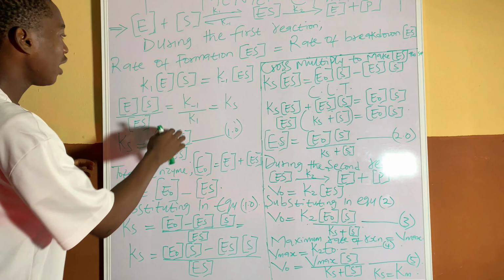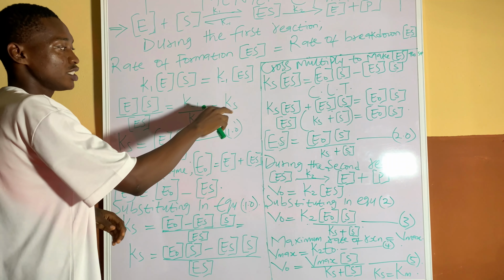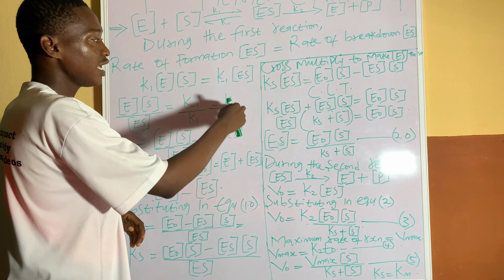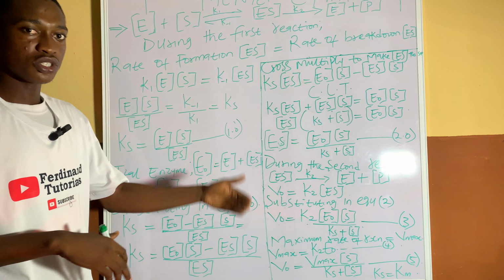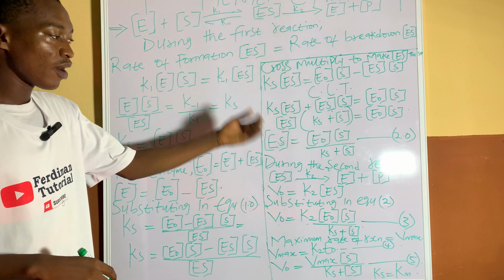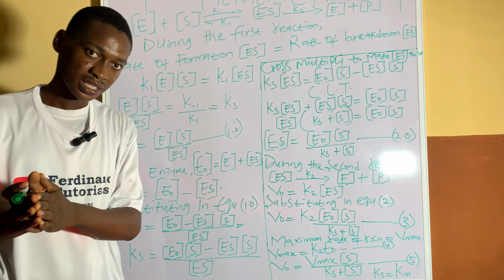Now, at this point, K subscript minus 1 all over K subscript 1 is equal to Ks. And this Ks is what we call the dissociation constant. You can write it down. We call it the dissociation constant. In a further reaction I'll be showing you, we call it the Michaelis Menten constant.